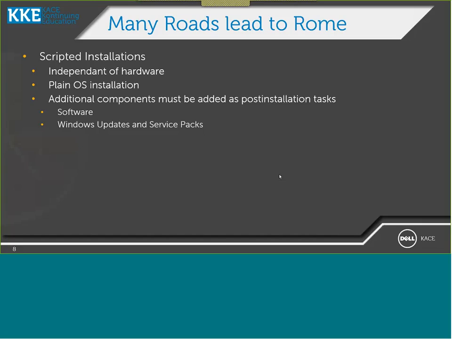However, it's a plain OS installation, so additional components must be installed afterwards, probably through a post-installation task. Any additional software, Windows updates, and service packs have to be installed afterwards. So actually, the deployment of the plain operating system is fairly quick. Getting everything else installed and updated might actually take longer than the initial deployment.